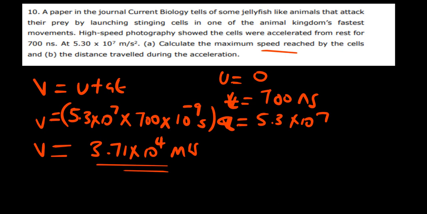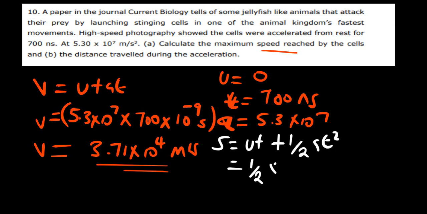Now B is saying the distance traveled during the acceleration. I always start with this one: s is equal to ut plus half at squared. Now we know that our initial velocity is 0 because it started from rest. So I'm just going to get half multiplied by the acceleration.